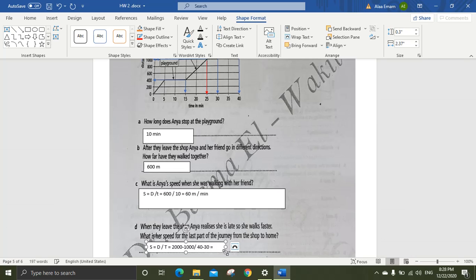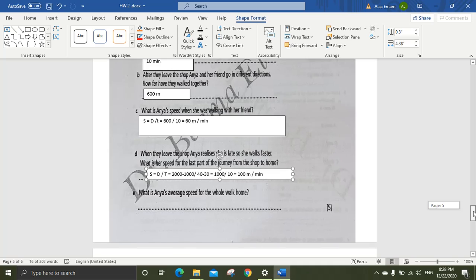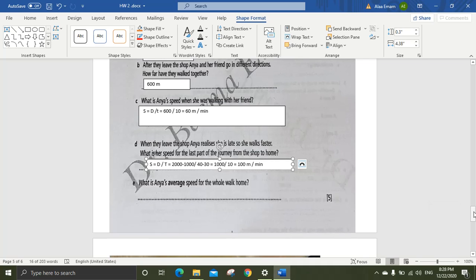Again, you get 1000 divided by 10. So you get 100 meters per minute. That's simple. I just needed to show you how we specify a certain part, a certain distance, or a certain time by subtracting the values.